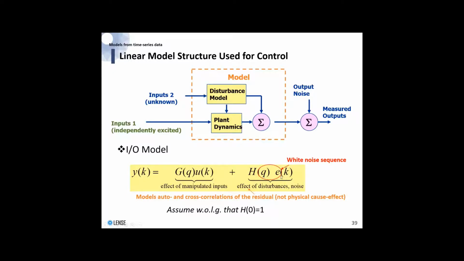So this E_k has no correlation, no autocorrelation, no cross correlation, right? And then you have this transfer function, dynamics essentially, which will create the correlation for you, autocorrelation, cross correlation. So this is what models the correlation essentially. You are creating correlation out of a sequence that has no correlation, and that's your job, modeling H.